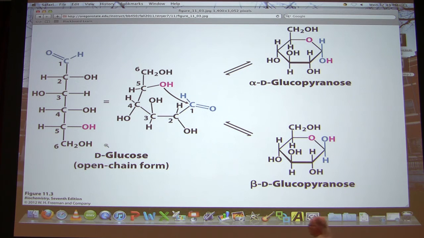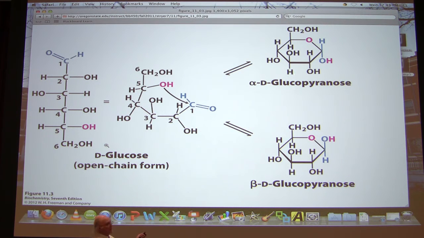These guys can flip. Well, what stops it from going back to the straight chain? If I modify the hydroxyl, that process is not reversible, and it will be stuck in that configuration. So let's say I put a methyl group in place of that hydrogen right there. If I put a methyl group right there, it can't go back.